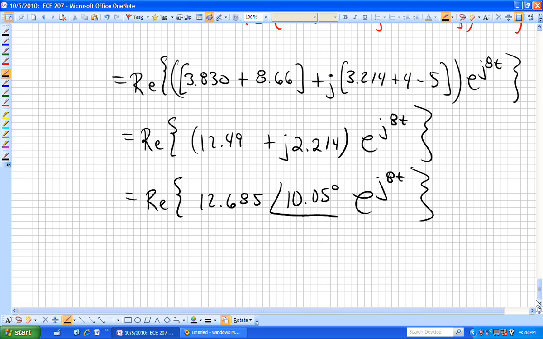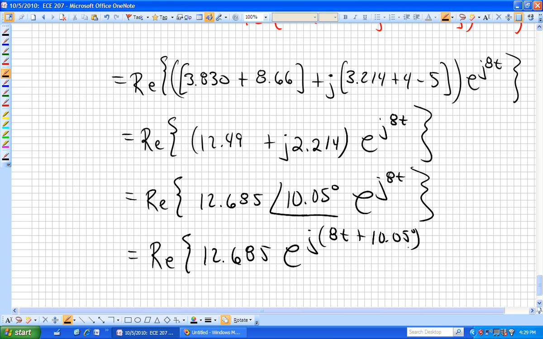But we want to convert that complex or polar form into a magnitude and an angle so that the angle can go up into the e to the j part. We'll turn that back into an exponential so that we now have 12.685 e to the j 8t plus 10.05 degrees.